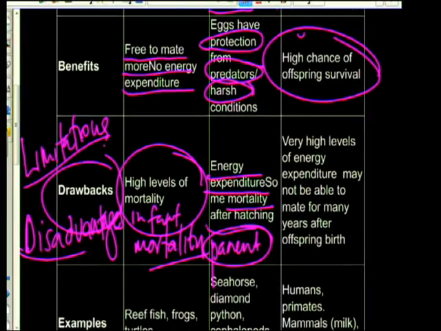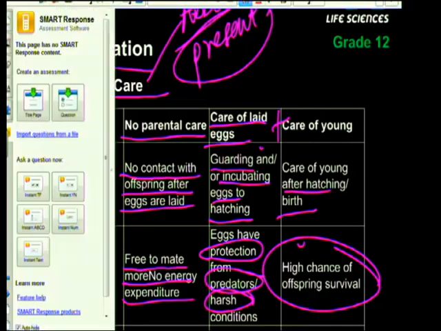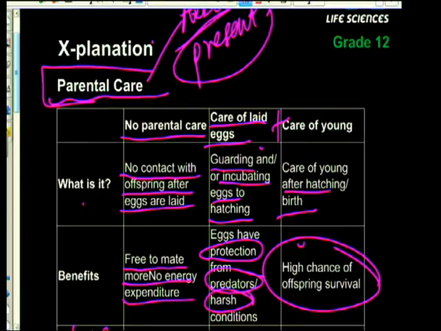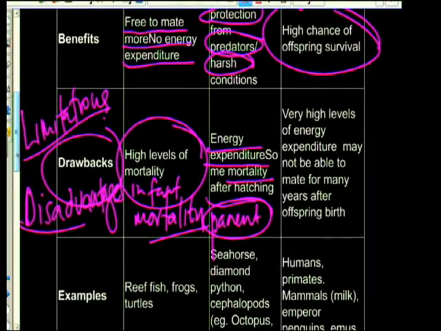In terms of the drawbacks of care of the young, obviously here, it's not just looking after the eggs, you're going beyond that. So there's lots of energy required to go and hunt, etc., to find food for these young as they're growing. So she may not be able to mate for many years after the offspring's birth.